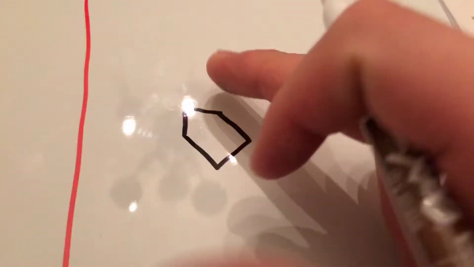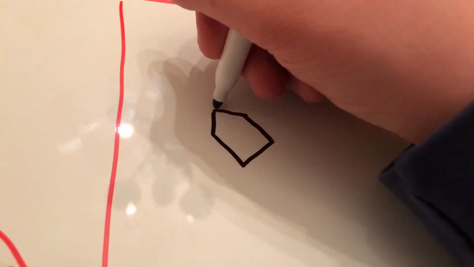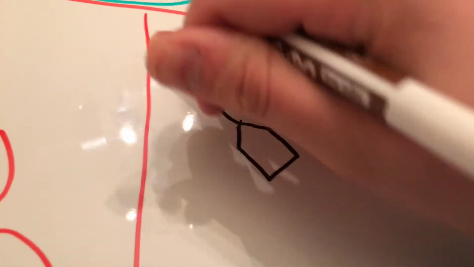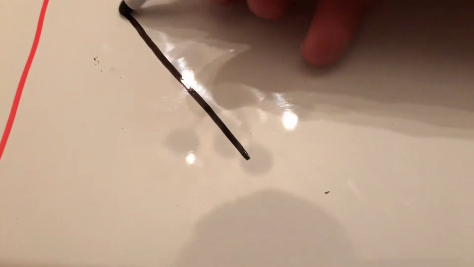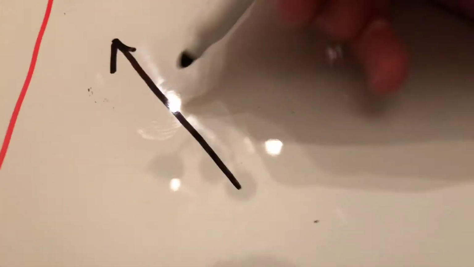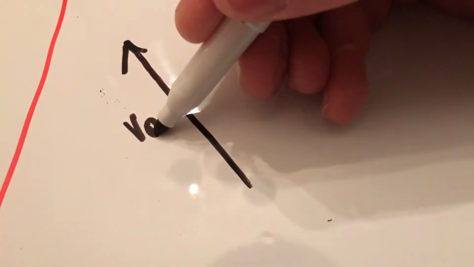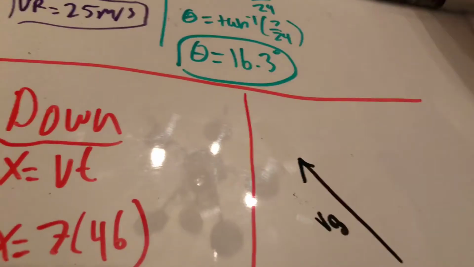Well, actually, I'm not going to. It would be like this, but in a straight line. So the vector diagram would be like this: the velocity of the boat, and then the current.